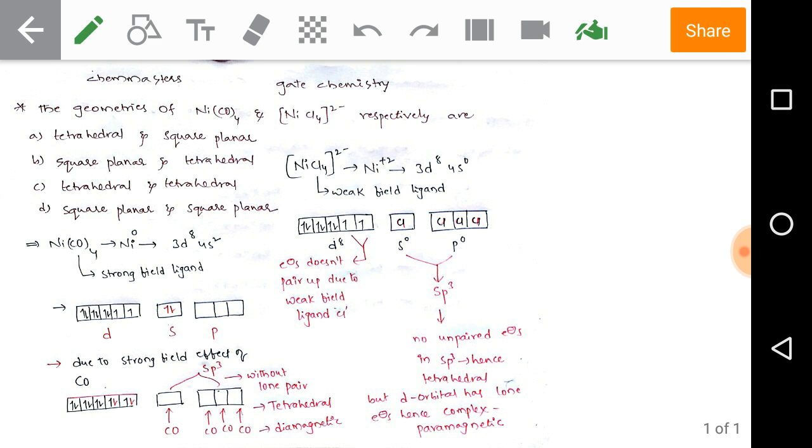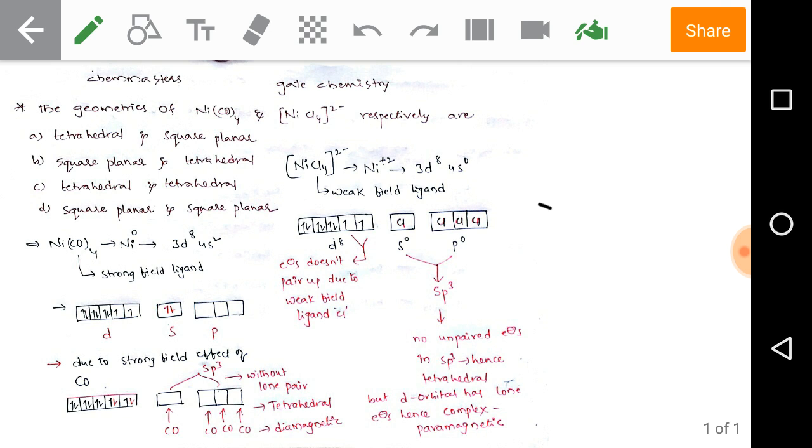Now the electrons don't pair up in the d orbital. In the d orbital we have two unpaired electrons, but they cannot pair because of the presence of a weak field ligand. Hence the four orbitals, one from the s orbital and three from the p orbitals, are involved in hybridization, that means in coordination with the incoming chlorine ligands.